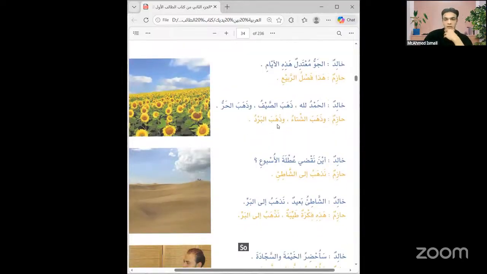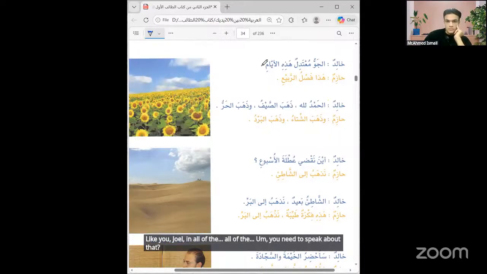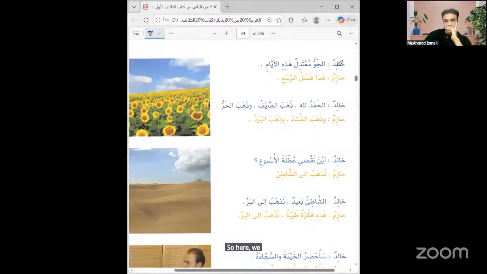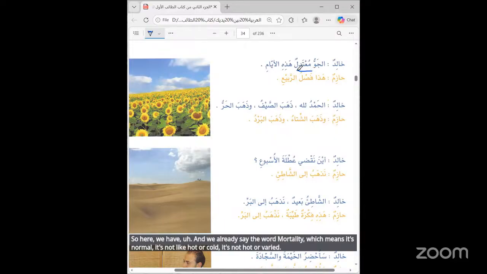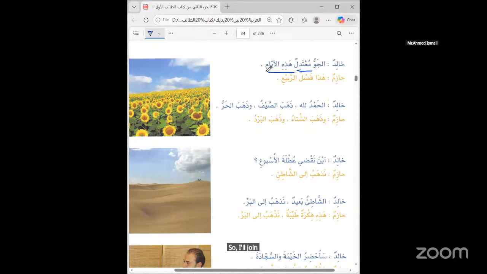So here we have حوار between Khalid and Hazim, two friends speaking about الجو, the weather, like usual in all of the units. So here Khalid says الجو معتدل. And we already said the word معتدل, which means it's normal, it's not حار or بارد. So الجو معتدل هذه الأيام, these days.